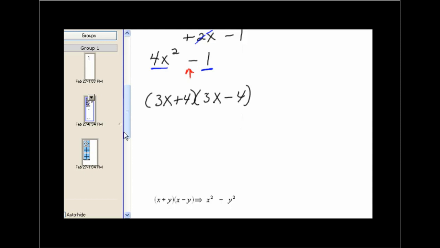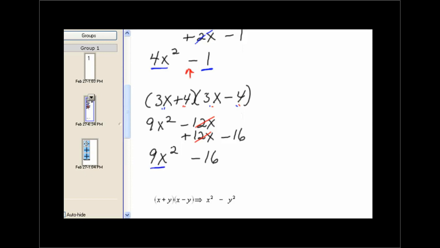But if not, let's multiply. 3x times 3x is 9x squared. 3x times negative 4 is negative 12x. 4 times 3x is positive 12x. And finally, 4 times negative 4 is negative 16. We see our outer and inner terms are additive inverses, and they add to 0. And we're left with 9x squared minus 16.